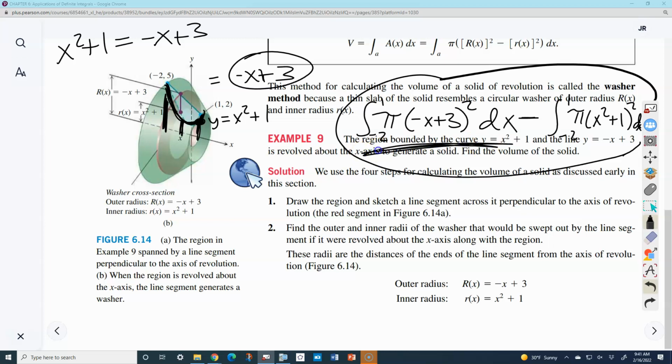This is the volume of the solid created by revolving that line around the x-axis. So it's like if this was a full solid thing. This is the volume of the part that's cut out. So that when you take the solid thing and cut the other part out, then you get the volume that's left over, which is what we want.